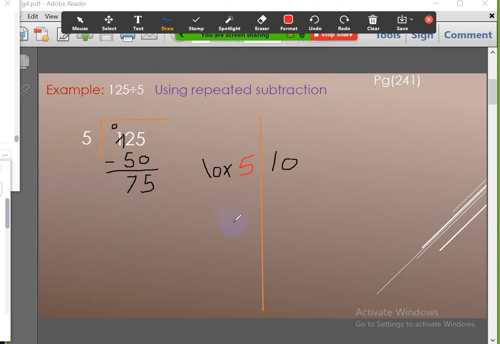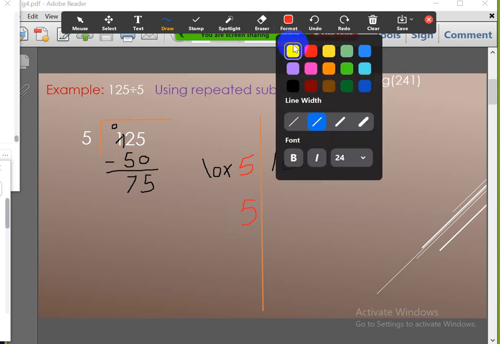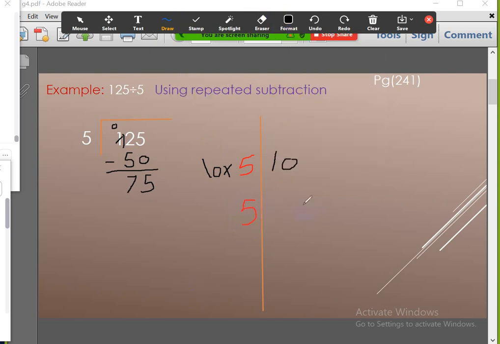I will take the divisor, which is 5, and multiply it with a number. Which number will I choose? I will choose another 10, because look, still the number is big, right? The 75 is a big number. So I will choose another 10.